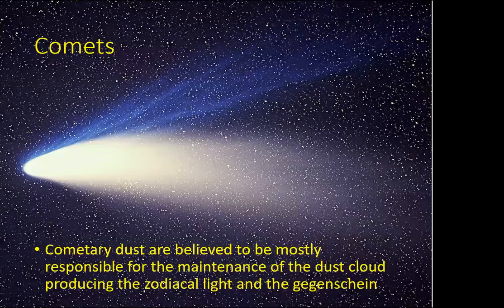Another great source of dust, of course, is comets. And comets, I suppose, are larger pieces of the leftover from the early days of the formation of the solar system. They're the bits that have not yet crashed into and become part of a larger planet.